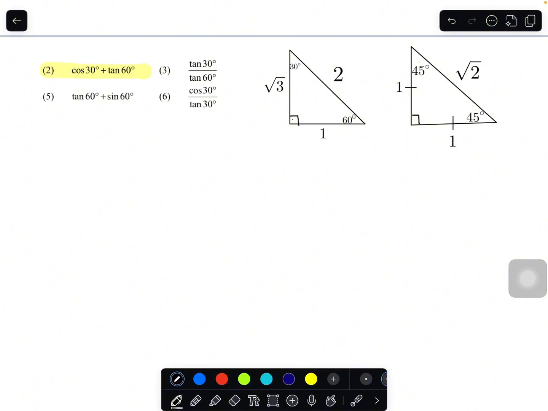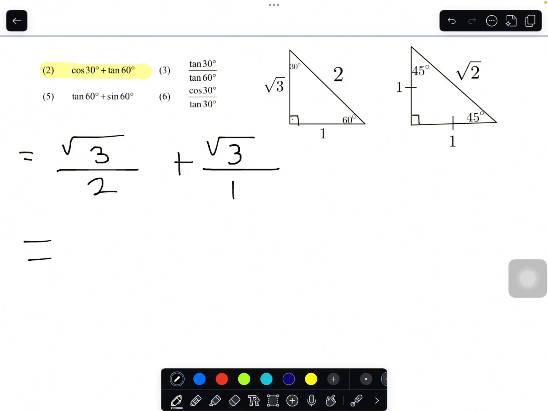So the cos of 30 will be my adjacent, which would equal root 3, over my hypotenuse, 2, plus the tan of 60. The tan of 60 is my opposite over my adjacent, and the opposite here is root 3, over 1.